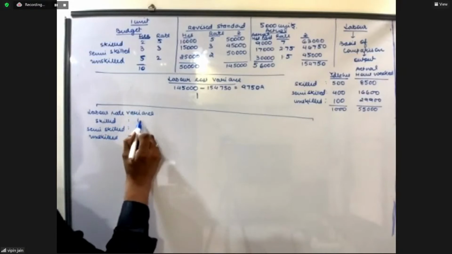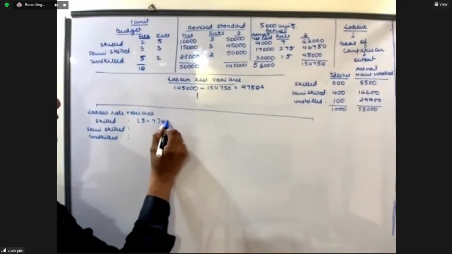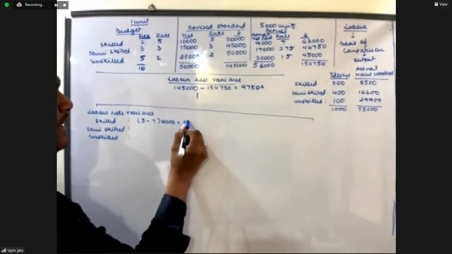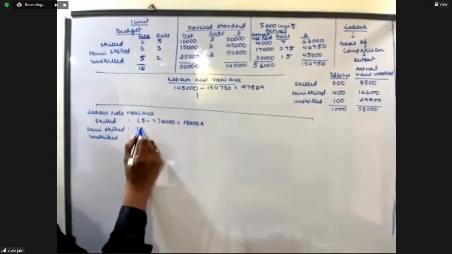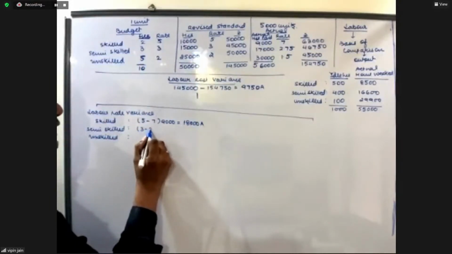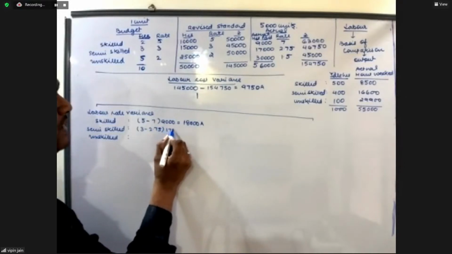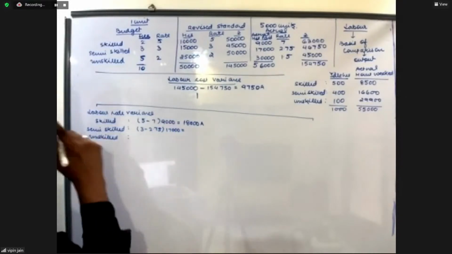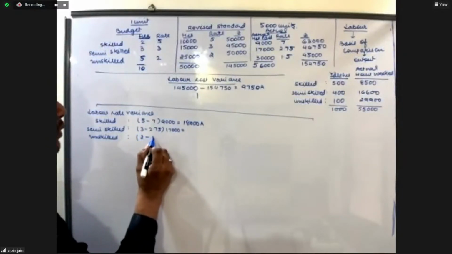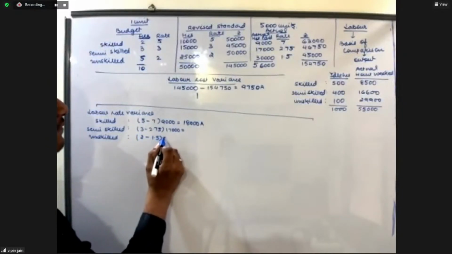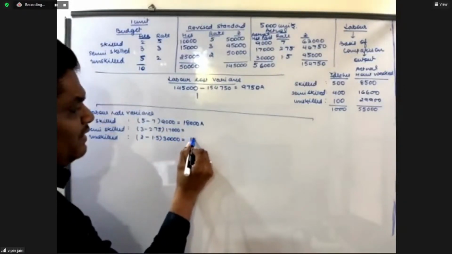Very simple. We were supposed to pay at the rate 5. We actually paid at the rate 7 into 9,000. So this will be 18,000 adverse. Similarly, in the second case, we were supposed to pay at the rate 3. We paid at the rate 2.75 into 17,000. Further, 2 minus 1.5 into 30,000. So this will be 15,000.